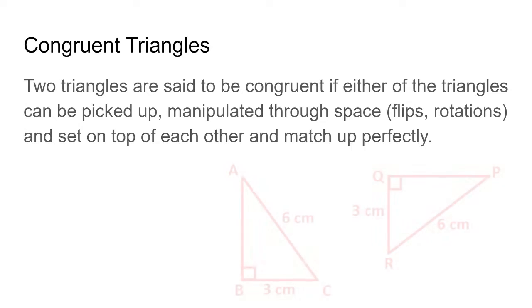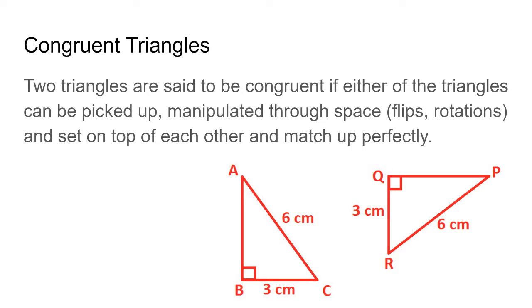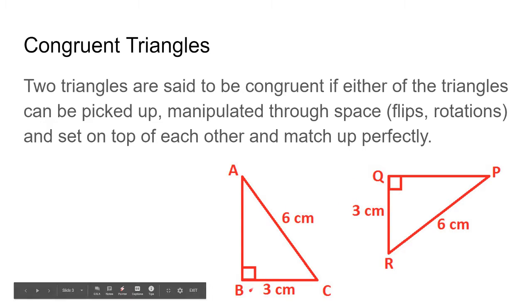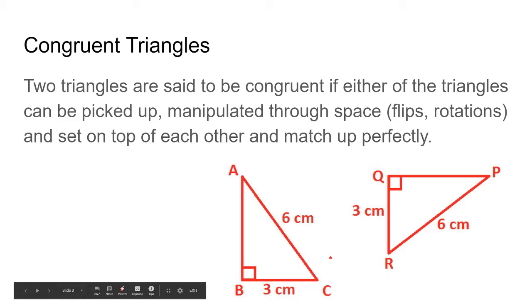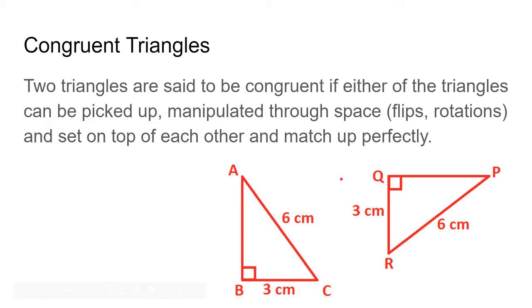What does that look like? We have triangle ABC and triangle PQR. If we manipulate PQR through space, we can put the Q on the B, move the P to the A, and the R to the C, and those are two congruent triangles. This should be reviewed from geometry. Pretty easy stuff.